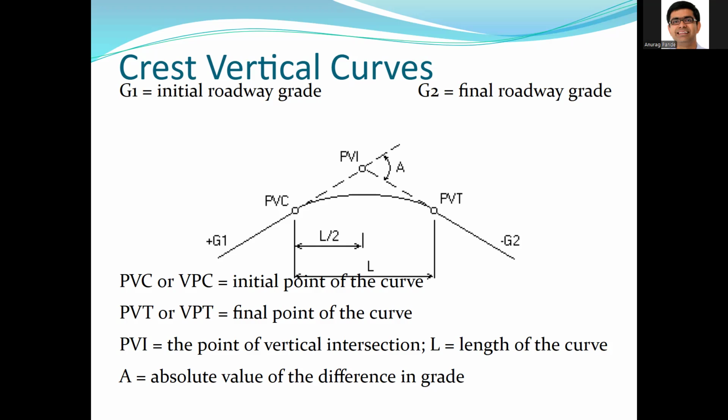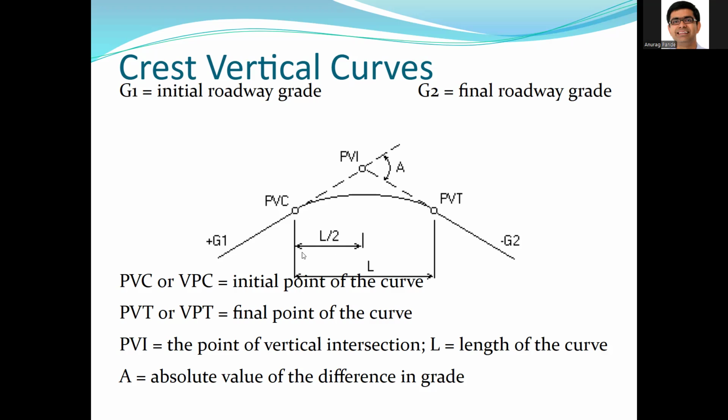You're projecting those points onto the horizontal plane, measuring the distance along the horizontal plane, and calling it the length of the curve. So we don't actually measure the length of the parabola. When somebody says length of the vertical curve, you should immediately see that this is the length measured along the horizontal plane, not the length of the actual parabolic curve that you're designing.